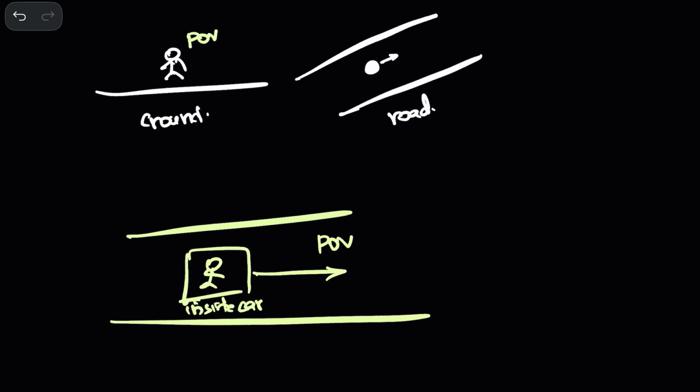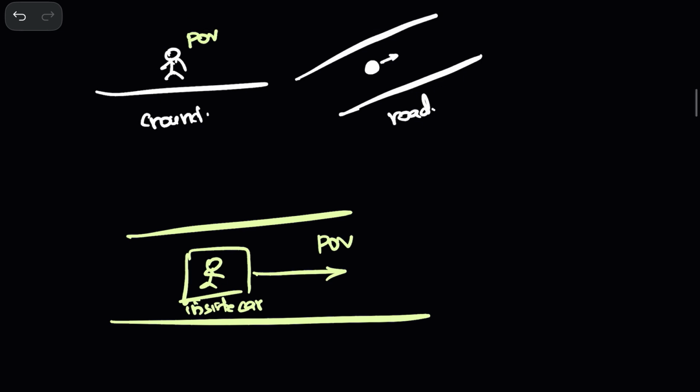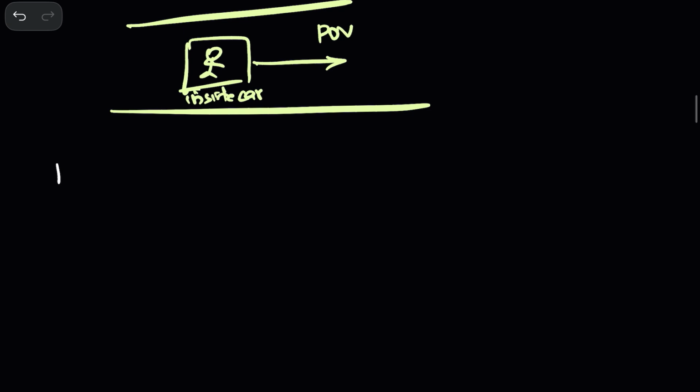If you're standing on the ground, then you can say that the car is moving, but if you're inside the car, then you can say that you're not moving. Both things are true. Why? Because they are made from different points of reference. So it's not just the property of the object alone.